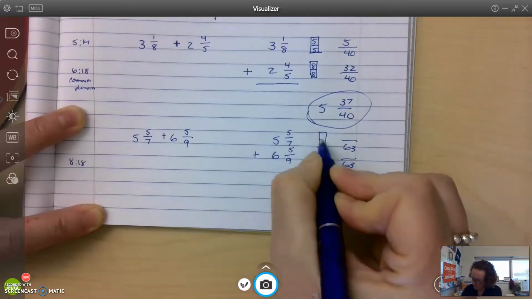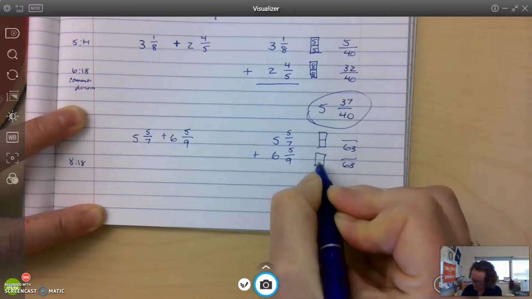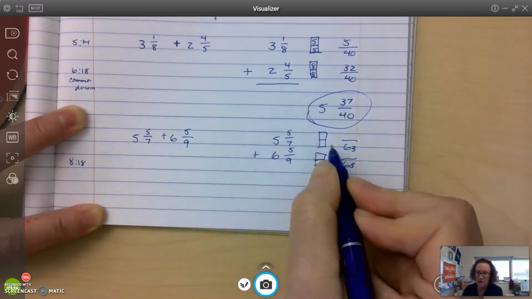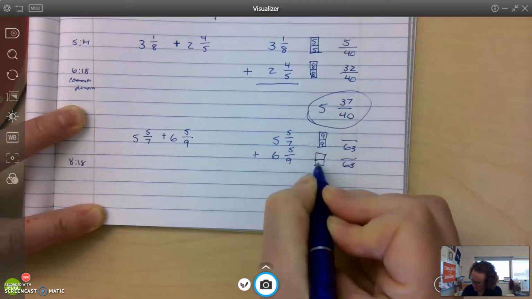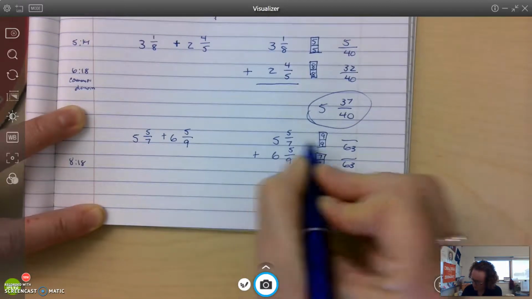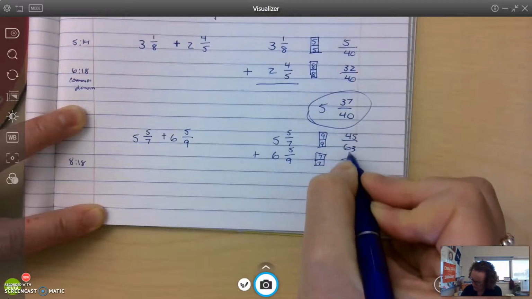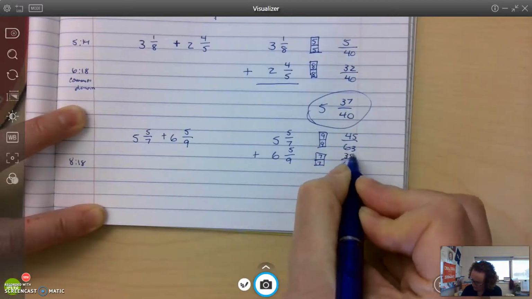As I'm finding my common denominator, I want to use that big number 1. So this is going to be 9 over 9, and this is going to be 7 over 7. So I have 45 63rds and 35 63rds.